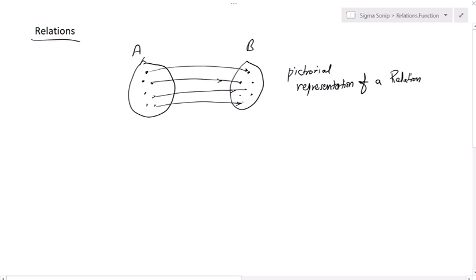So what is a relation? I think I better write it, because I'll type it so that it's more clear.